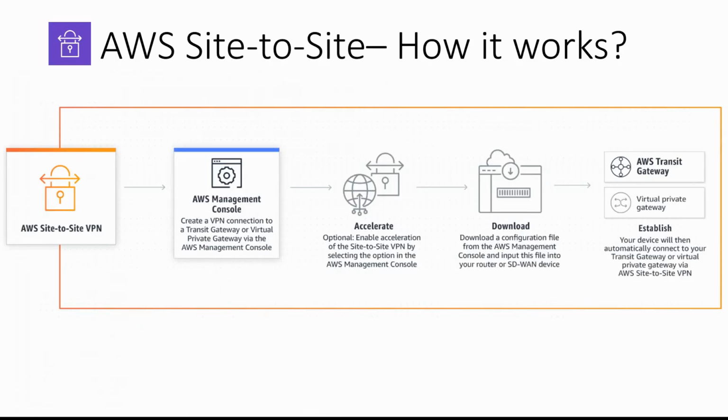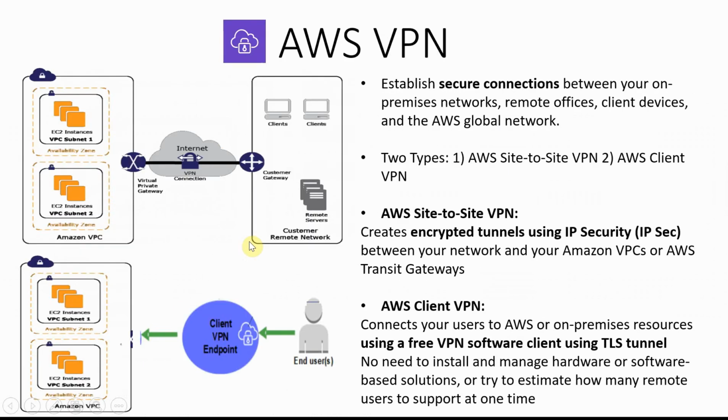So the typical flow in AWS site-to-site VPN is that you go to the management console and create a VPN connection to a transit gateway or a virtual private gateway. We saw the virtual private gateway here, which is a very common use case.